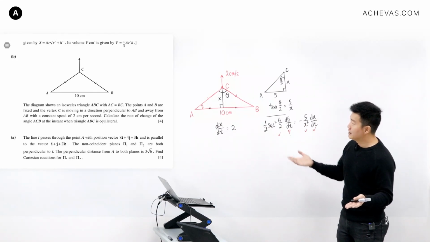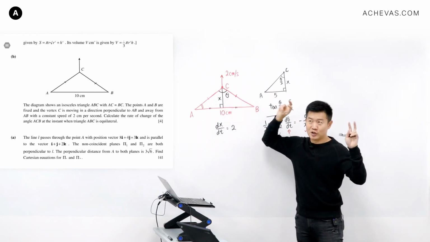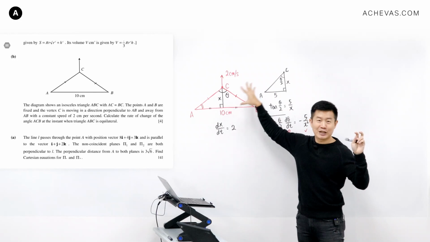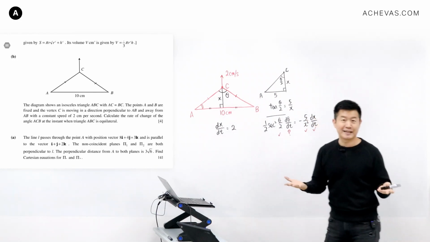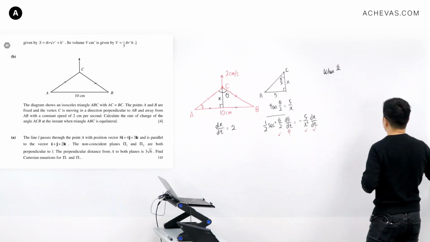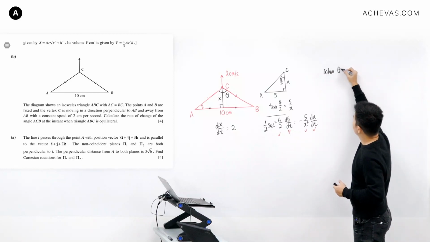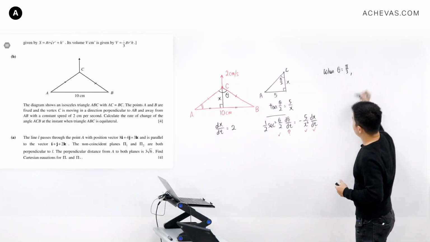Equilateral means that theta, this is the most convenient place where I can describe numerically what it means by an equilateral triangle. Theta must be 60 degrees, theta must be pi over 3, which means that we are supposed to find d theta dt when theta is equal to pi over 3.